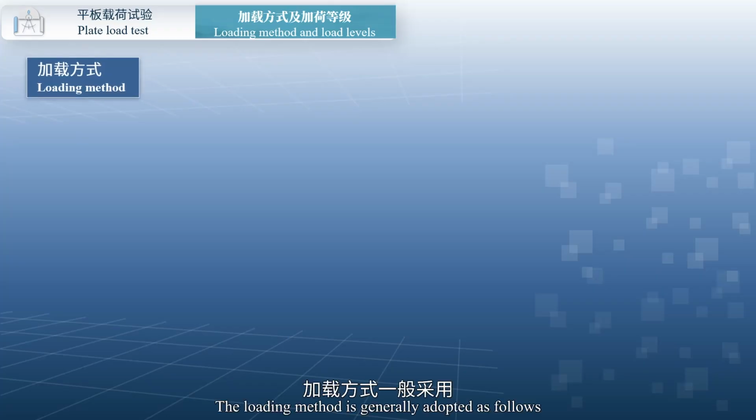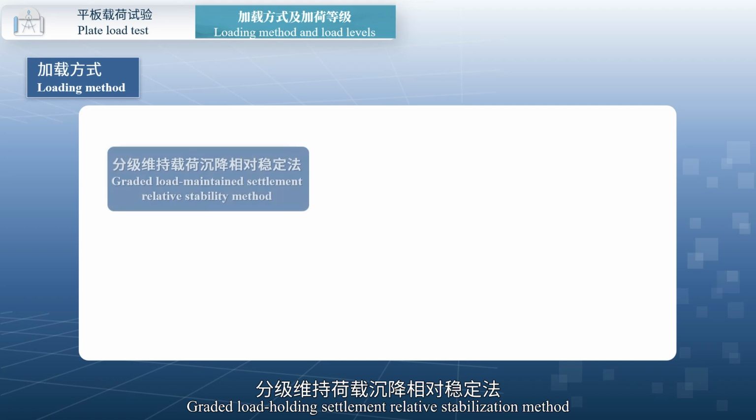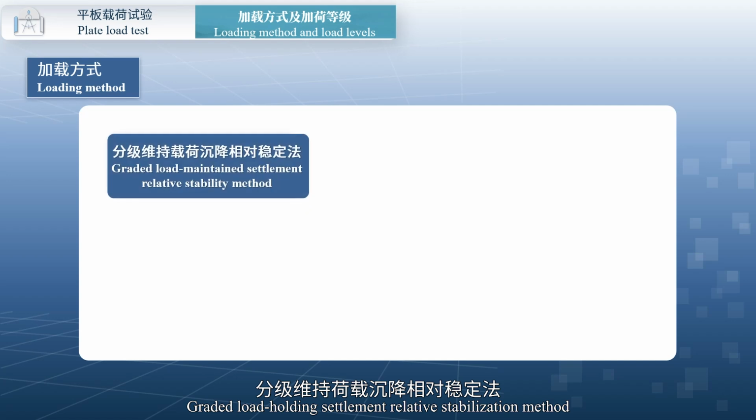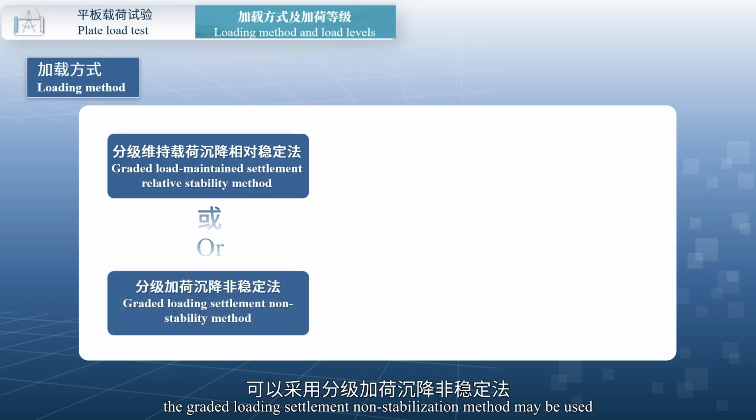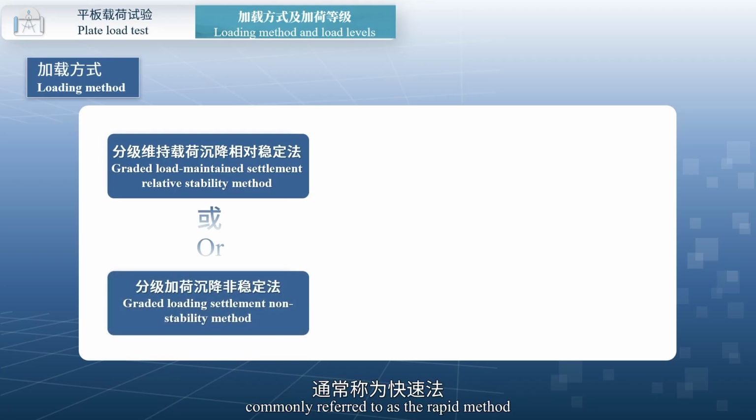Finally, let's understand the loading method of the plate load test and loading grades. First, the loading method is generally adopted as follows. The graded load holding settlement relative stabilization method, commonly referred to as the slow method, with regional experience. Alternatively, the graded loading settlement non-stabilization method may be used, commonly referred to as the rapid method, or the equal settlement rate method.